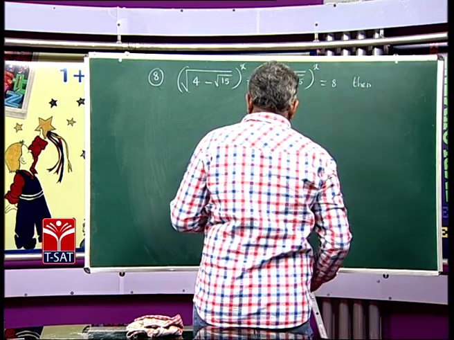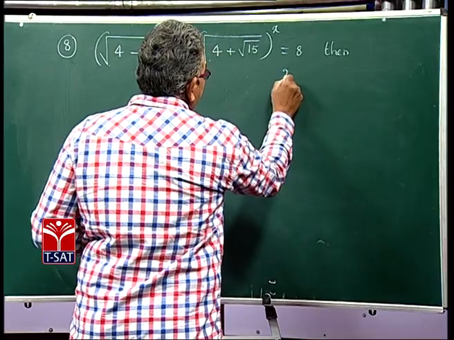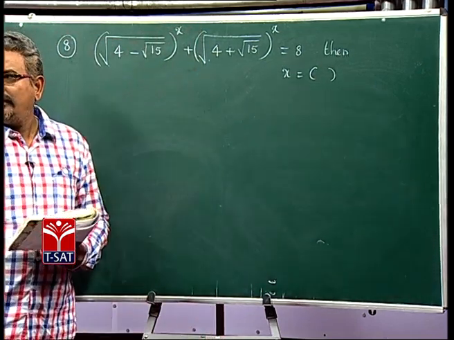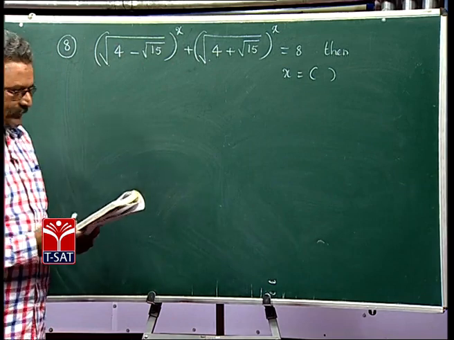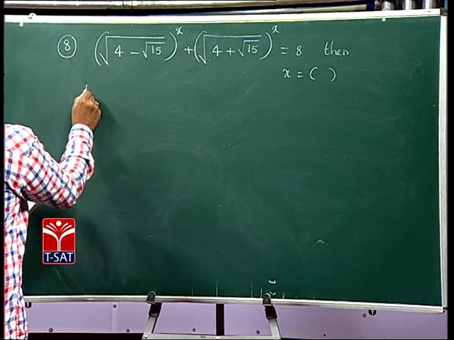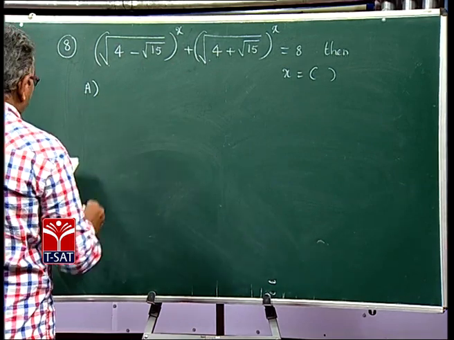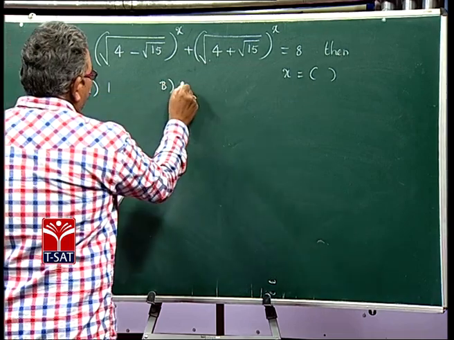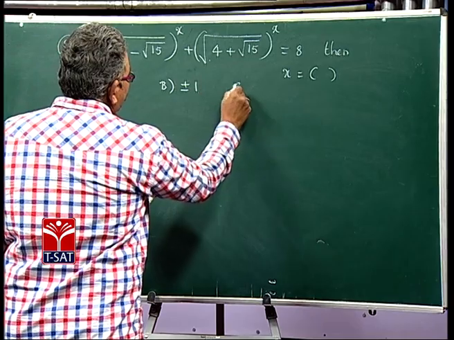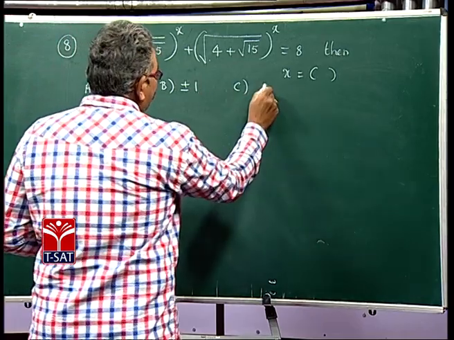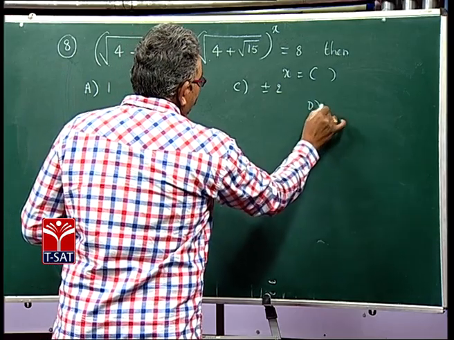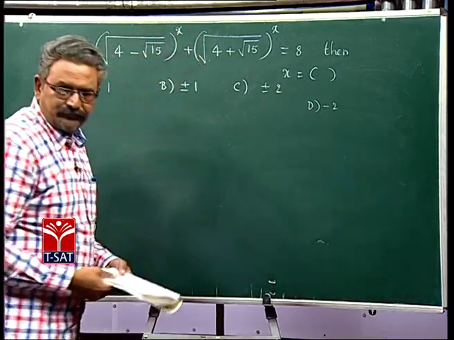Then x is equal to, okay, a) 1, b) plus or minus 1, c) plus or minus 2, d) minus 2, which is the right option.